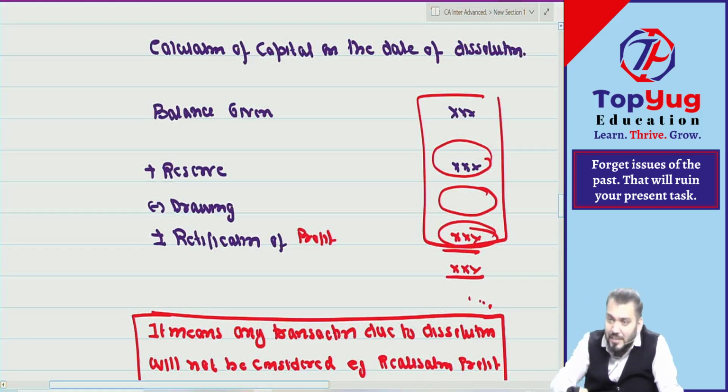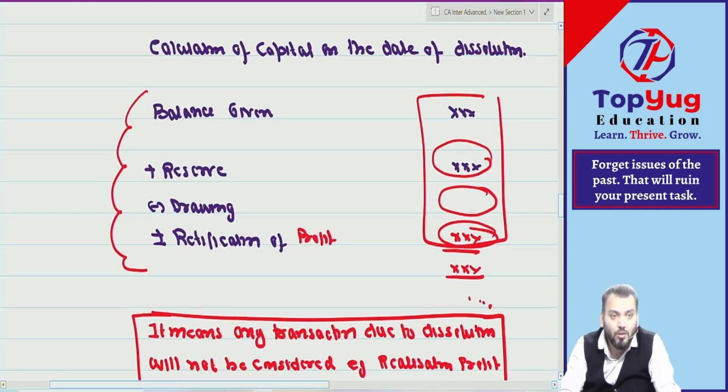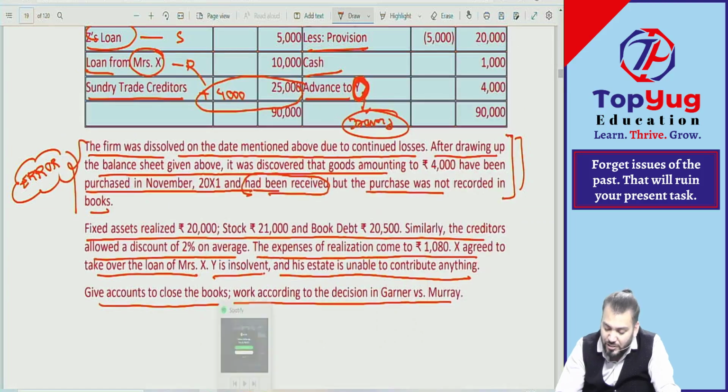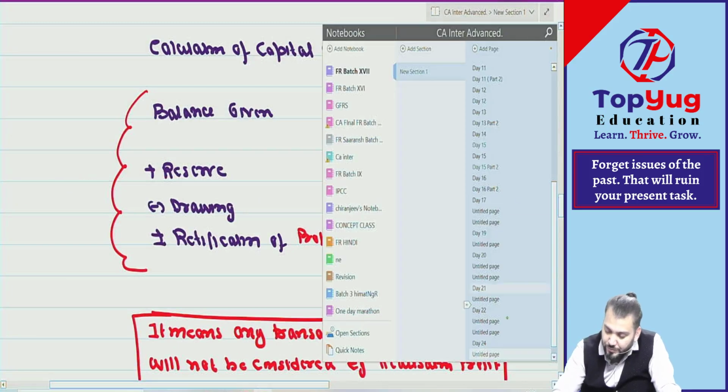We are transferring into partner's capital in this chapter because now we are doing closing of partner's capital account. But that will not be taken into consideration to find out capital on the date of dissolution. So only these four items will be taken into consideration. This is the point where you can make a mistake. Have you understood?